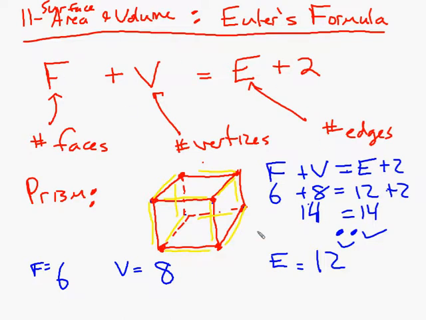Any questions on how I verified the formula? Yes? How do you draw that shape? Okay, we'll get to the 3-dimensional drawing in a moment. Let's do the next shape. Let's say I have a pyramid.